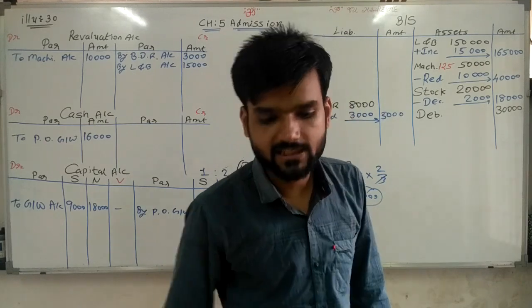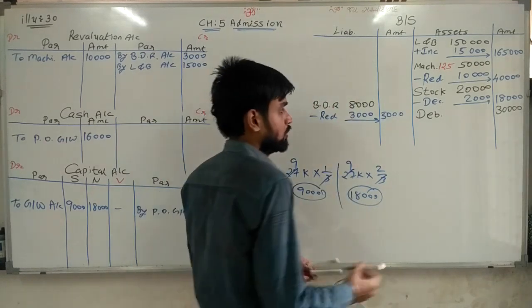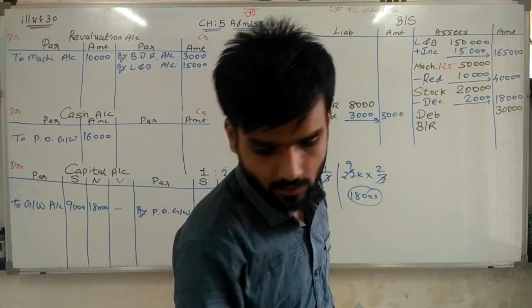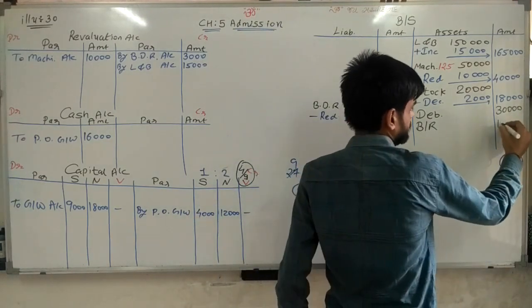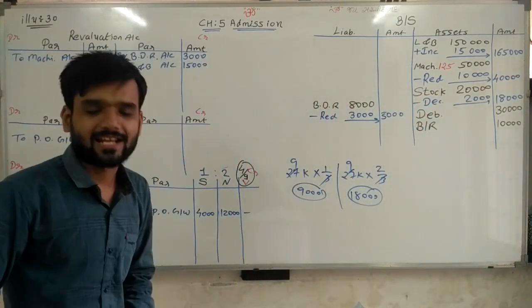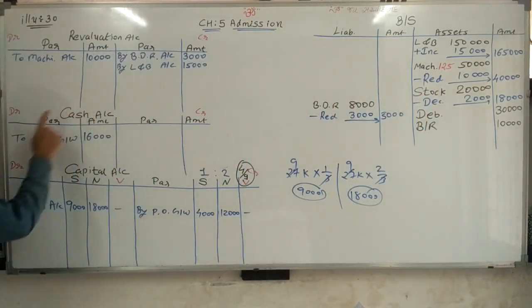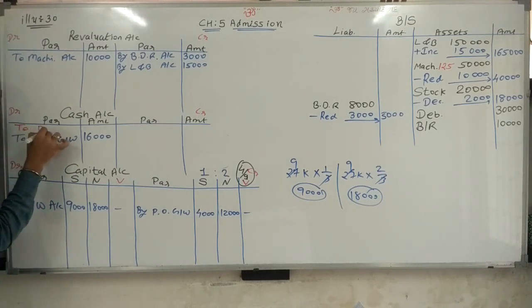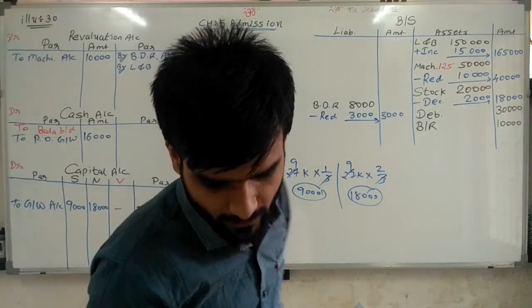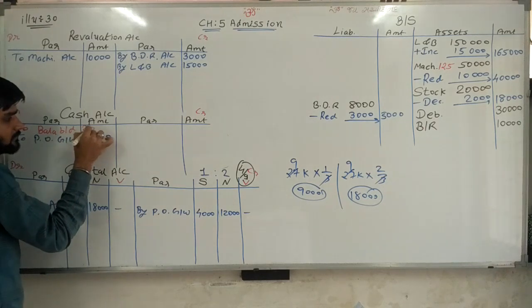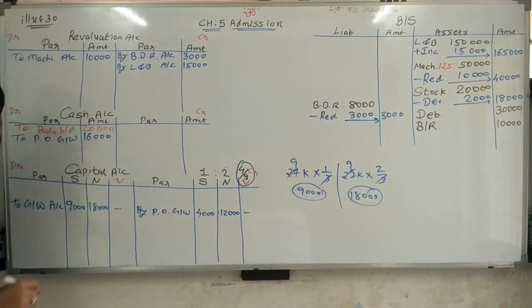Next, bills receivable is also written as it is, 10,000. Now cash is given, so cash goes to the balancing figure. The balancing amount is 20,000. Simple.